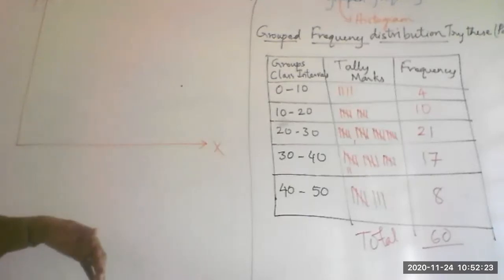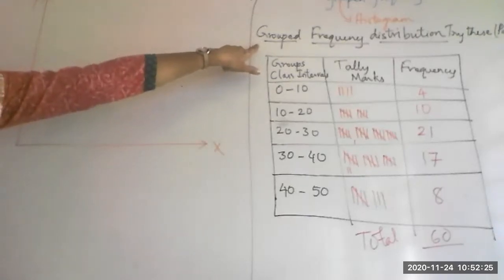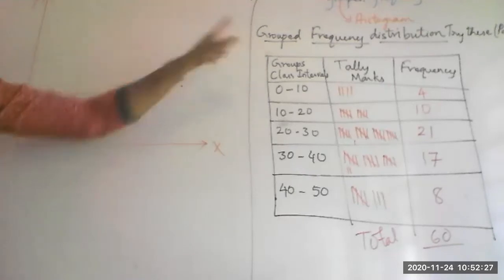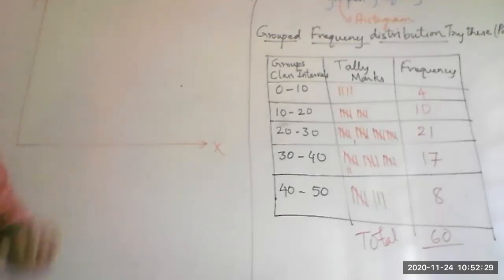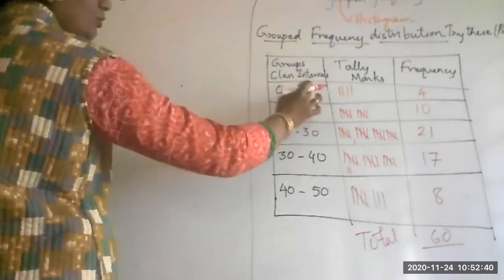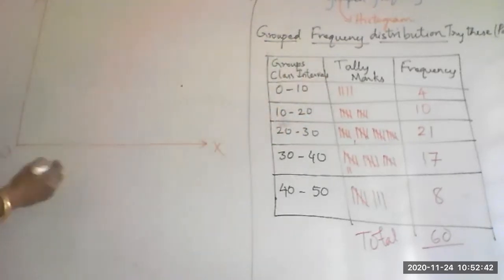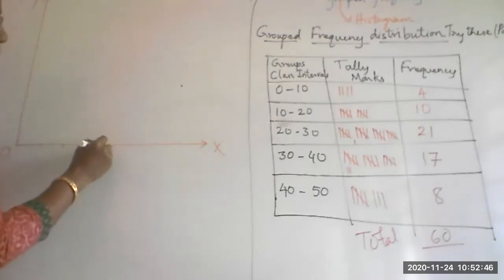Now, when you draw the graph of a grouped frequency distribution, on the x-axis, you will be marking the class intervals. So, how will you make the class intervals? Always where the x and the y axis meet, that is your origin. Now, because you are starting from 0 to 10, it is very simple to mark the class intervals here. You will have to mark it in counts of 10.